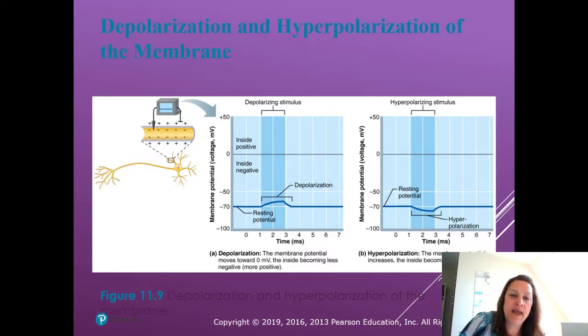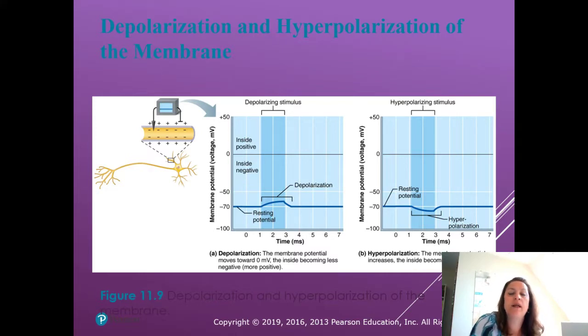Here on the left, we're looking at this dendrite. The dendrite is more negative on the inside than it is on the outside. We are going to move that membrane potential towards zero. So we're going less negative, from minus 70 up to, looks to be about minus 60, something like that. That's a depolarization event. Here we have a hyperpolarization event where the resting potential goes down below minus 70.